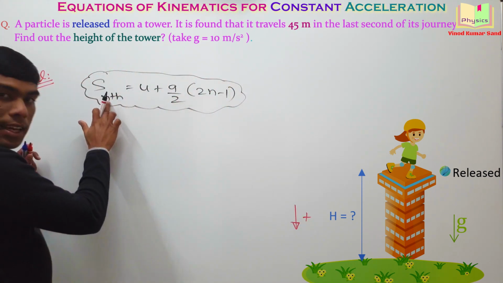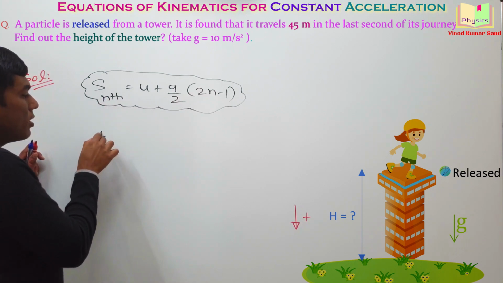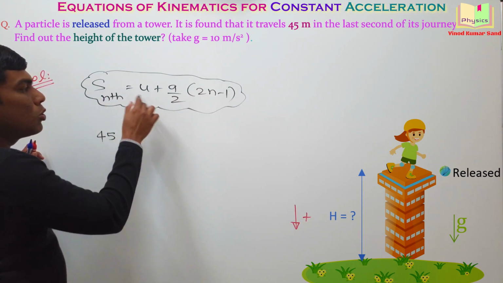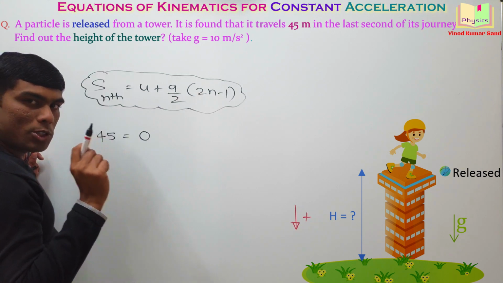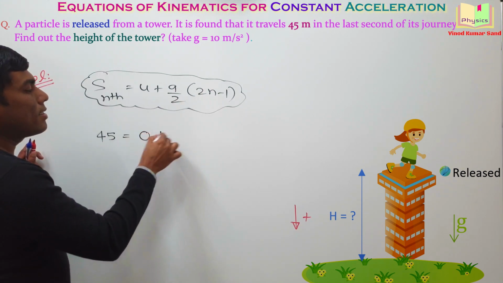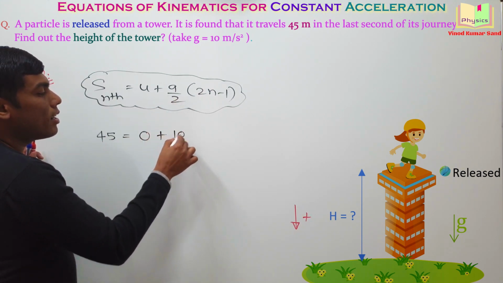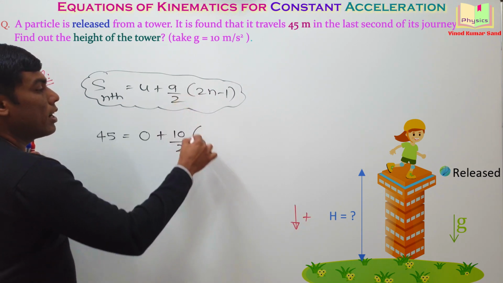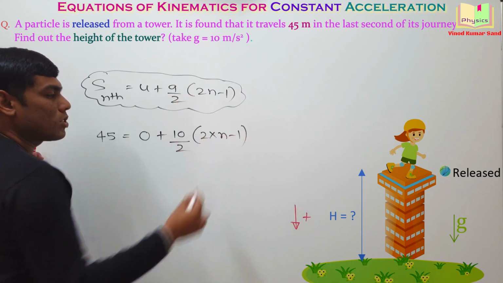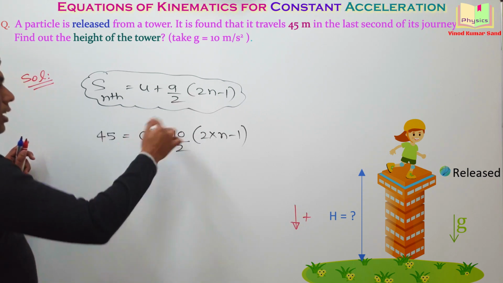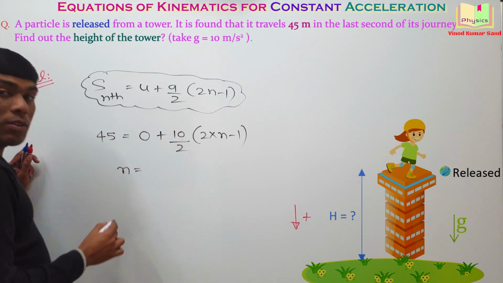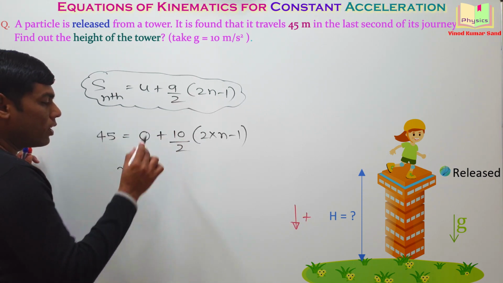In the last second, we know that displacement is 45 meter. U is 0 as the ball was just released. Acceleration is 10 divided by 2 and 2 into (n minus 1). Simple computation. Simplify it and n will come out to be 5.